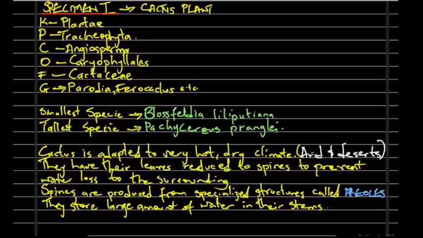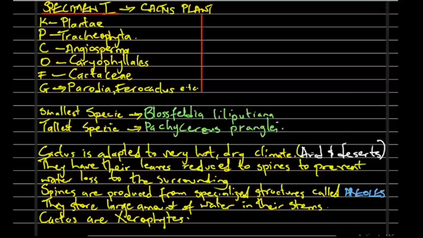So I said earlier on that I was going to talk about the cactus being a xerophyte. Cactus are xerophytes. So what do I even mean by this cactus being xerophyte? So let's see this. The three types of plants based on their water loving capacity or water usage: plant and water affinity.